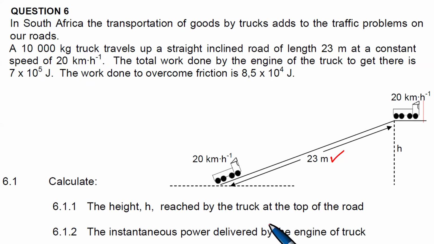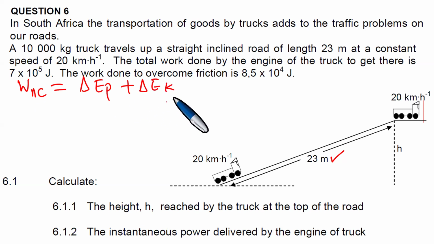To answer the question, there are a couple of things that we need to take into account. To find the height that the examiner wants, we need to recognize that work done by non-conservative forces is equal to the change in potential energy plus the change in kinetic energy.